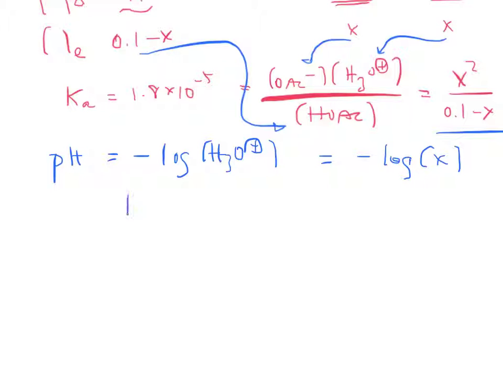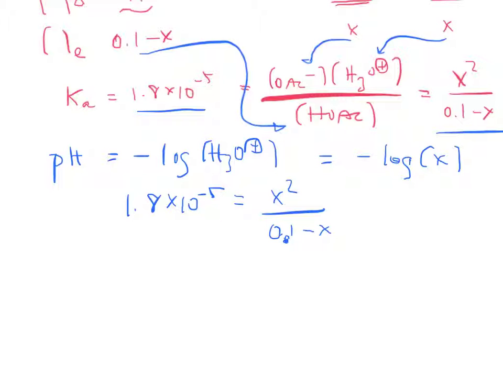From this equation, we can say that 1.8 times 10 to the minus fifth equals x squared over 0.1 minus x. If you have a sufficiently complicated calculator, you can solve this problem. But if we think more logically for a moment, we can simplify this expression quite a lot. We already know that acetic acid is a weak acid because Ka is small, and because Ka is small, the acid won't dissociate to any great extent.